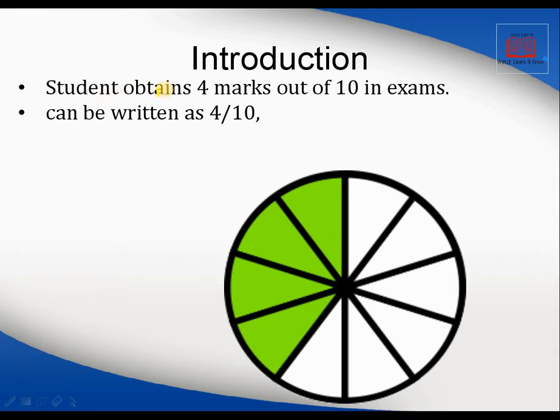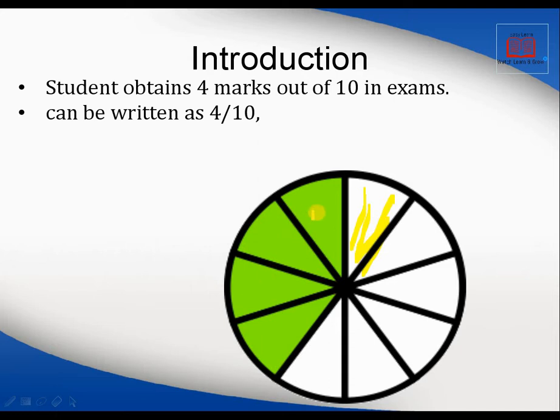You hear this in everyday life, for example, a student obtains 4 marks out of 10. It can be represented in this way: 4 divided by 10. That is to say, if we divide the total marks into 10 equal portions, then the student obtained 4 portions.